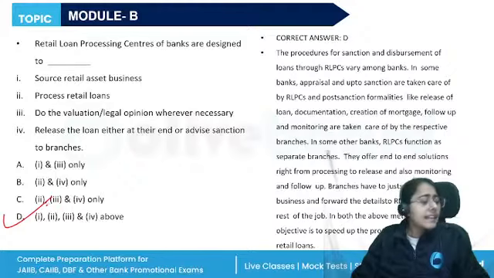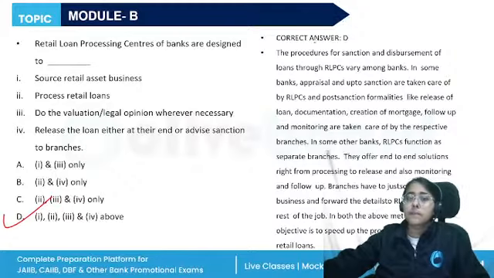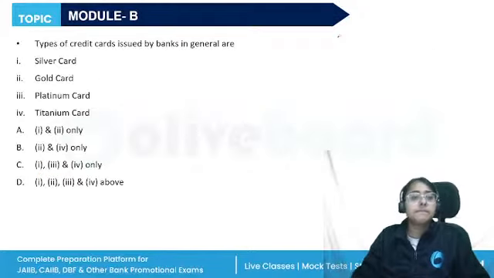All right. Again, there is flexibility. In some banks, the appraisal and up to sanction are taken care of by the RLPCs, and the post-sanction formalities like release of loan and documentation are taken care of by the respective branches. Again, go through the notes and the topic will be clear.